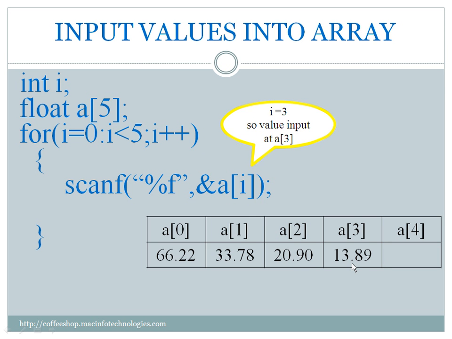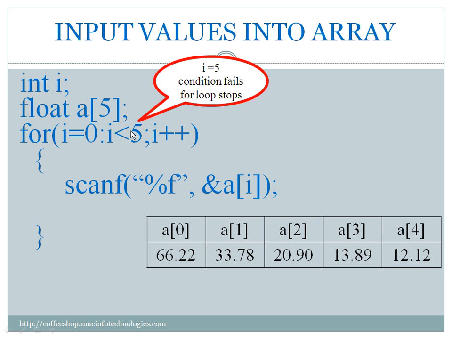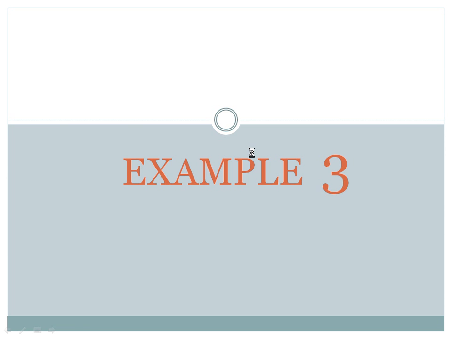When I is equal to 3, the user enters 13.89, so it will be saved in A of 3. When I is equal to 4, the user enters 12.12, so it will be saved in A of 4. When I is equal to 5, the loop stops. It is our duty to stop the loop. We have to make a condition such that it will go only from 0 to 4.